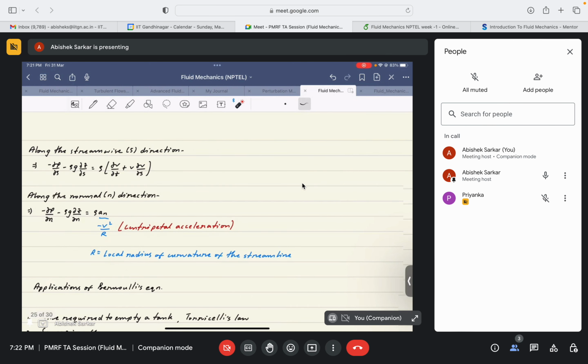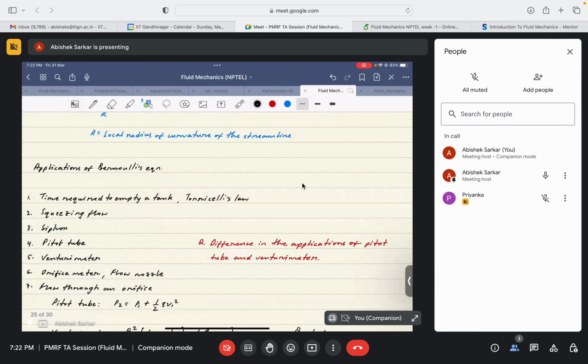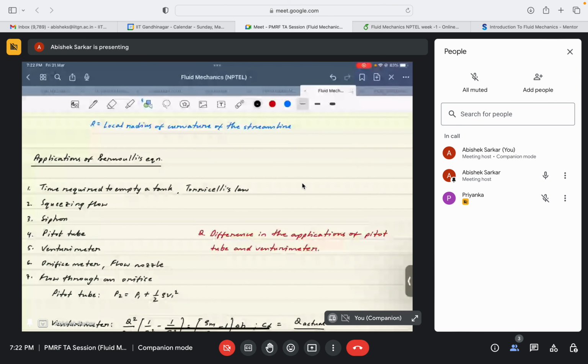As per my knowledge of Professor Chakraborty's lectures, I guess he has discussed 7 different examples for the application of Bernoulli's equation.